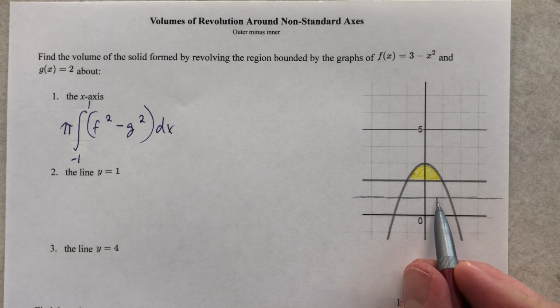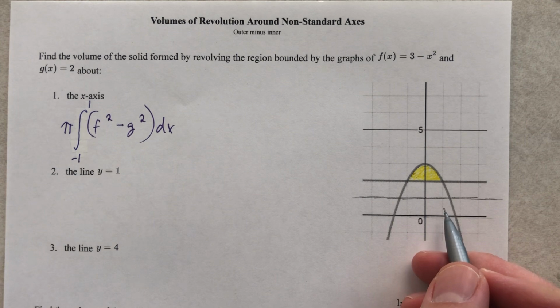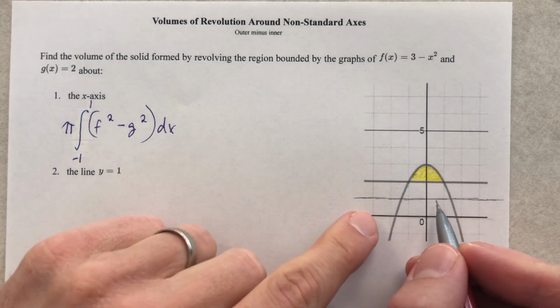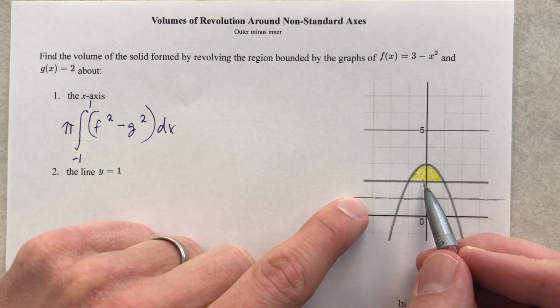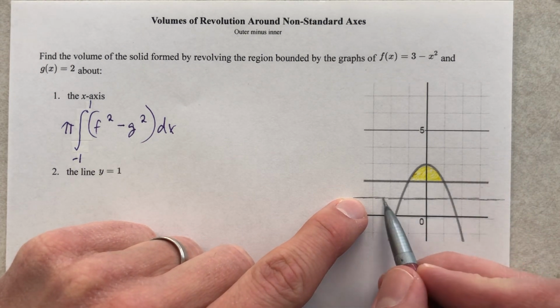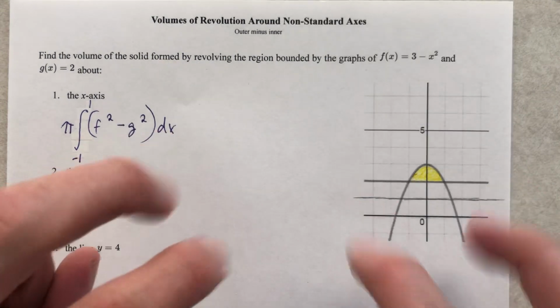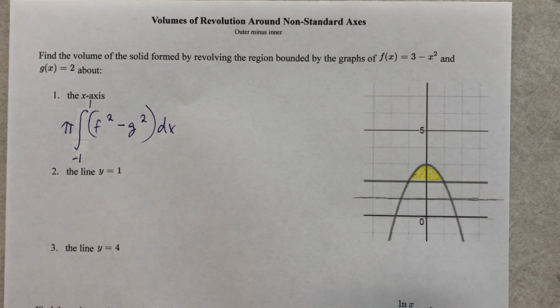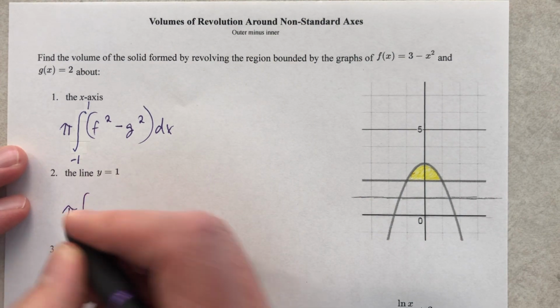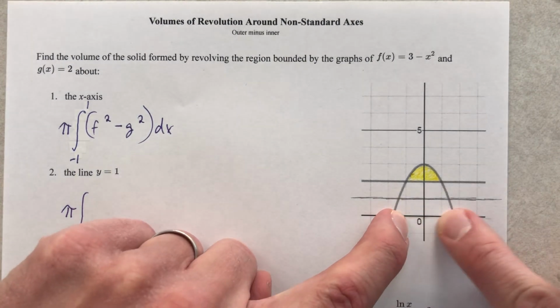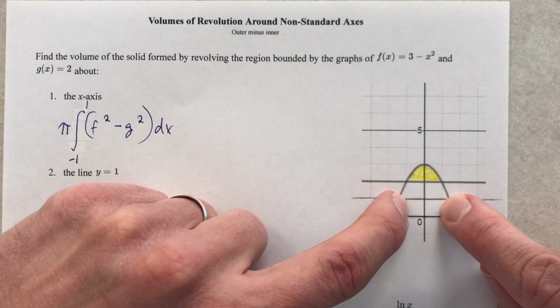Now, it's not the x-axis, but if I wanted to rotate around this, I would have to redefine my functions based on this as my new x-axis. Again, rotating creates a circular shape. We're still going from -1 to 1, regardless of what horizontal axis we're dealing with.